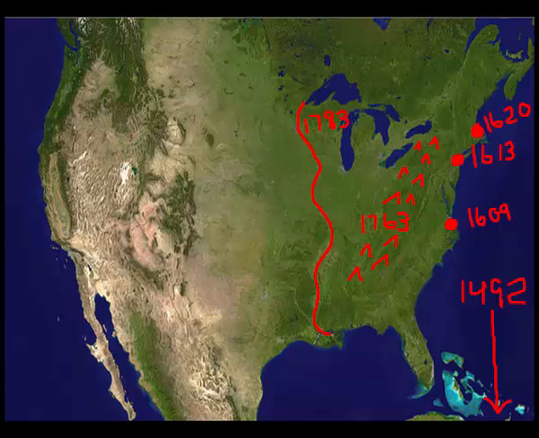And the next one that I will point out is when we bought the Louisiana Territory. And that pretty much connects the Mississippi River that we just went over to the Rocky Mountains.